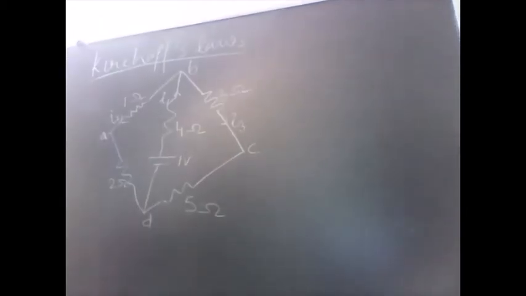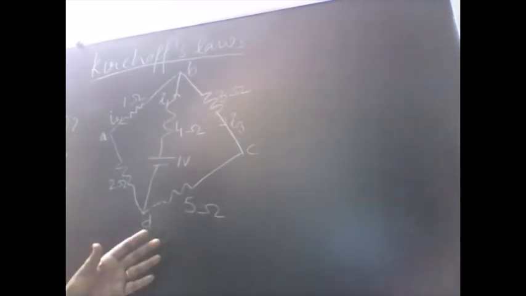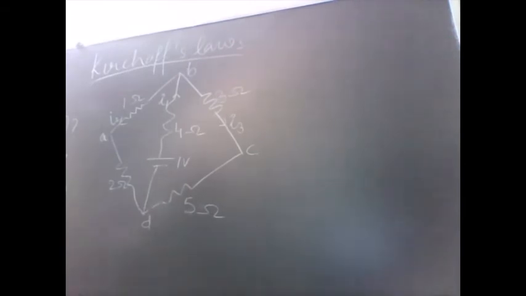Have a look at this simple circuit. We are learning how to apply KCL and KVL in solving networks. So what is the KCL? At any nodal point, the sum of all the currents that are entering should be the same as the sum of all the currents that are exiting.